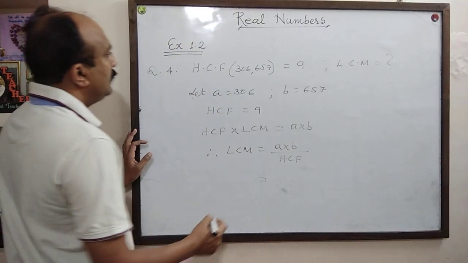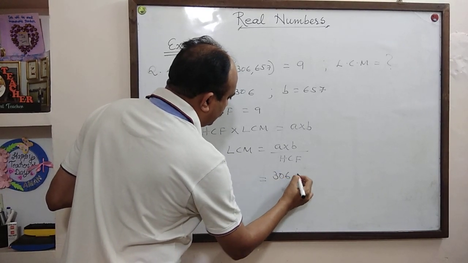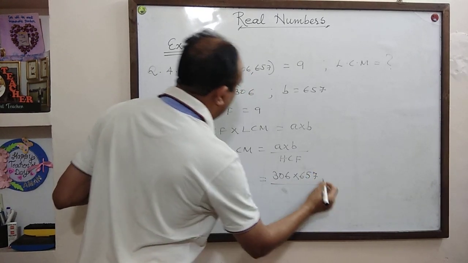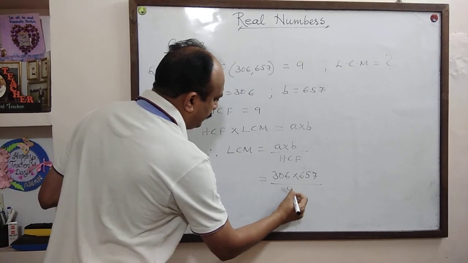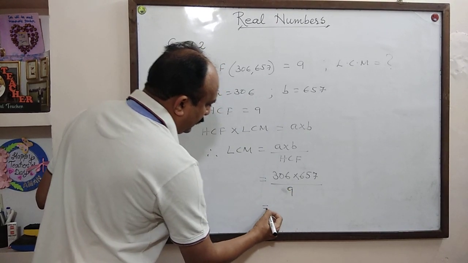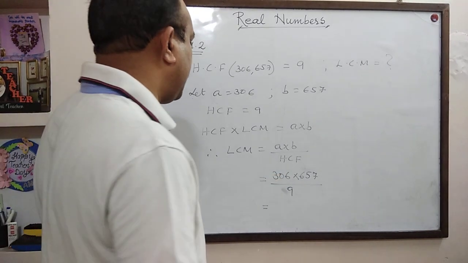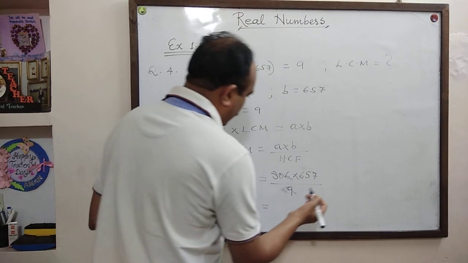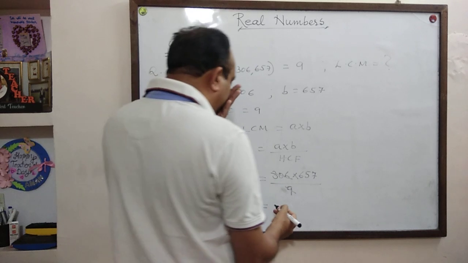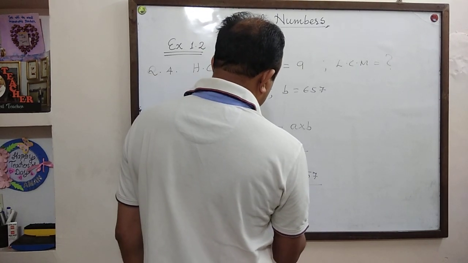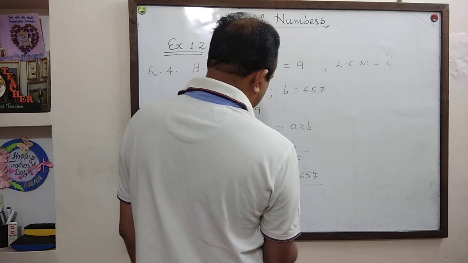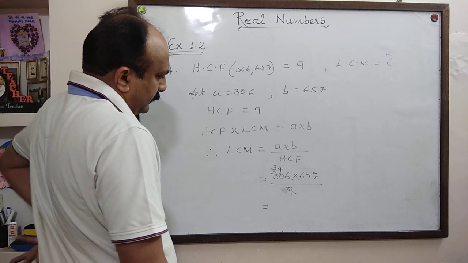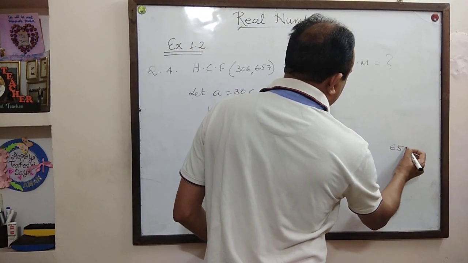Put the values. A into B means 306 into 657 upon 9. 9 and 306 can be cancelled. 34 into 657.